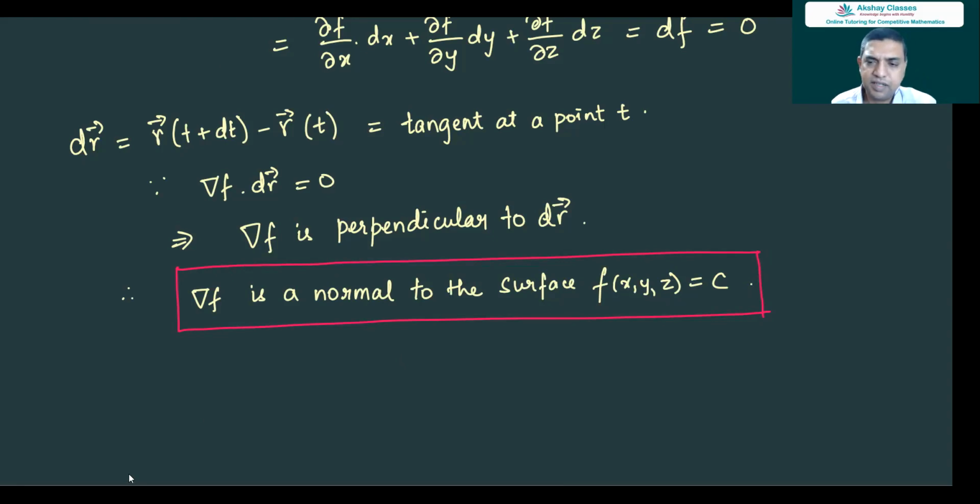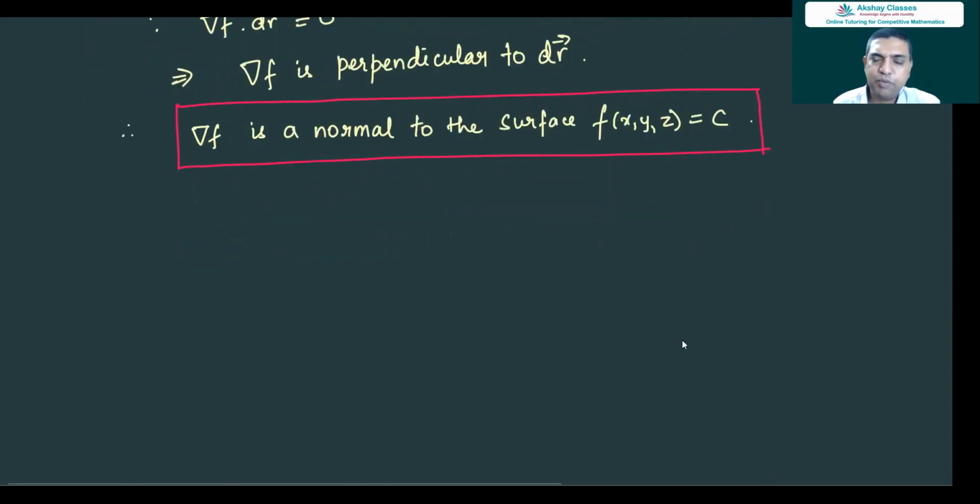Level surfaces are surfaces of equipotential. In fluids, we have equipotential lines, and we also have the concept of equipotential lines in electrostatics. So wherever the function value is constant along a path or a surface, on that surface grad f represents the normal to the surface.